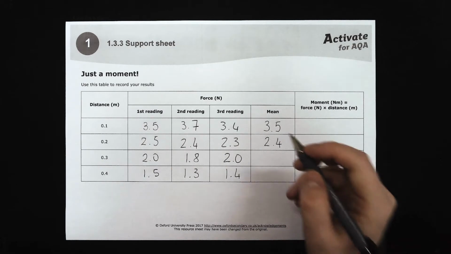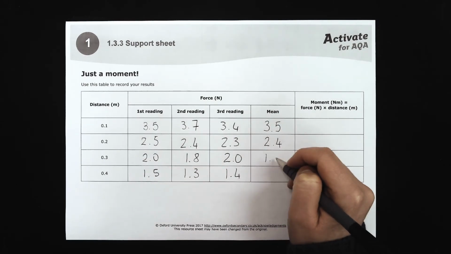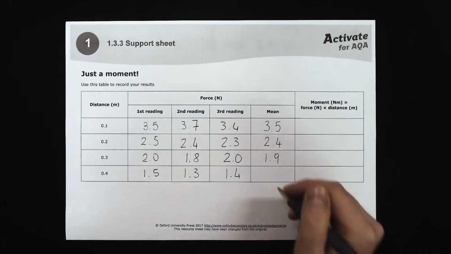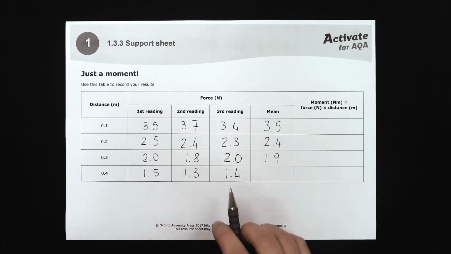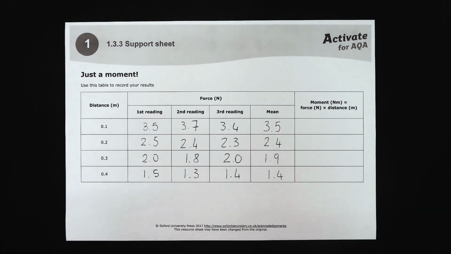So I can just round this number to the right amount of figures, and it's because it's not 1.93333, I can just write 1.9. The last one, I can do it in my head really, because I don't really need to calculate it, but if you want to do it, you need to do 1.5 plus 1.3 plus 1.4 divided by 3, and that should give you 1.4.